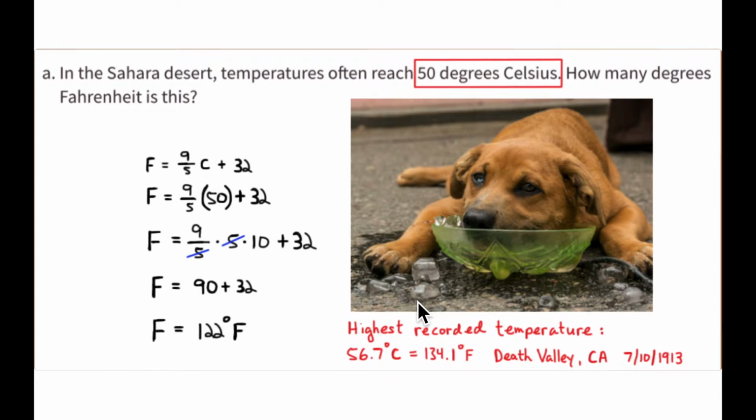The highest temperature ever recorded is actually in Death Valley, California, on July 10th, 1913, measured 56 7/10 degrees Celsius, which equals, now you could use this formula to figure this out, 134 1/10 degrees Fahrenheit. So it's 9/5 times this temperature.